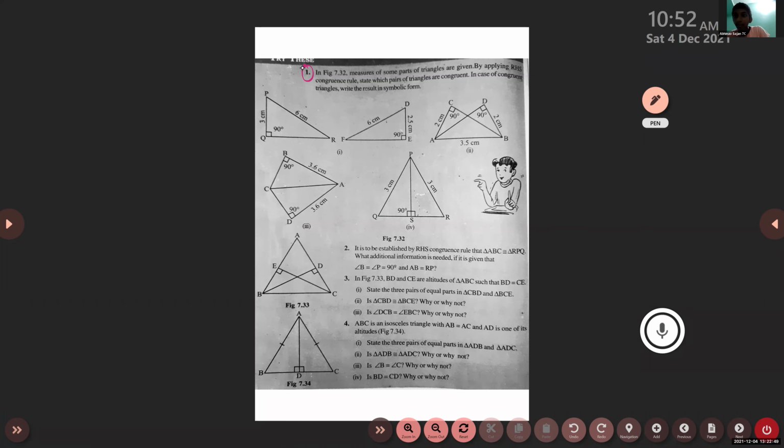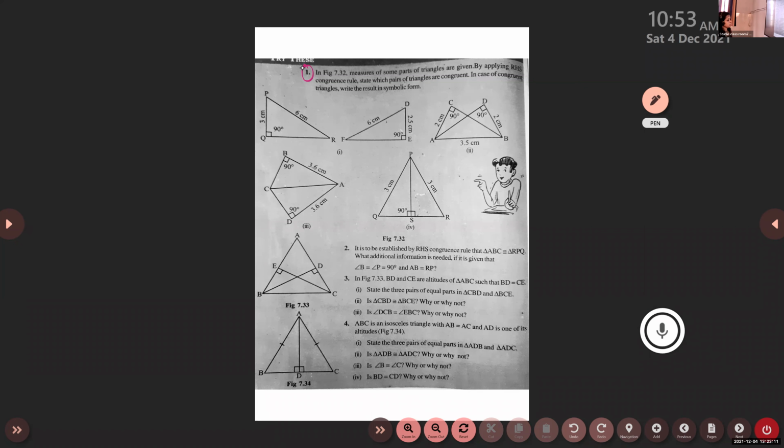In case of congruent triangles, write the result in the symbolic form.